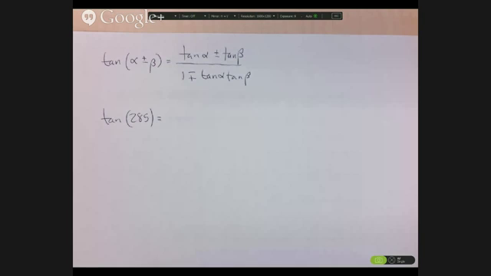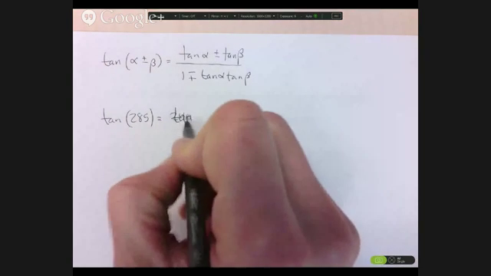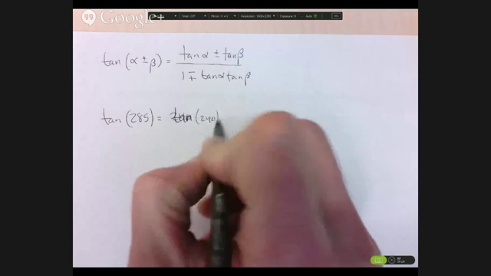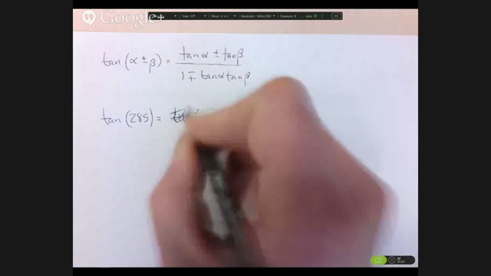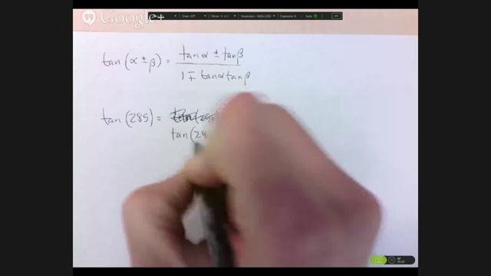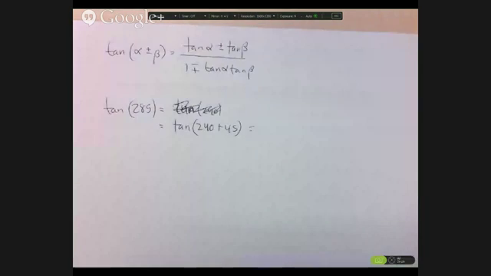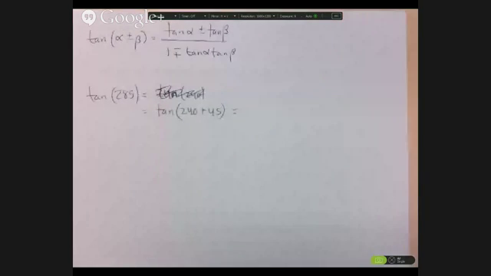So 245, not a bad idea. 240 and 45? Yeah, those probably work. Okay, I'm just going to rewrite that. Yep, so you're picking 2 numbers that add up if they're there. If you don't have to do rotations, don't worry about it.